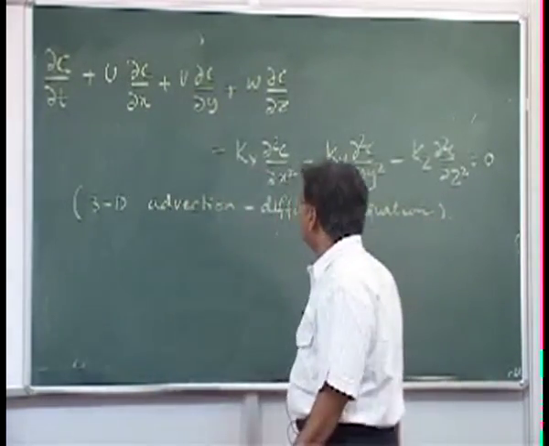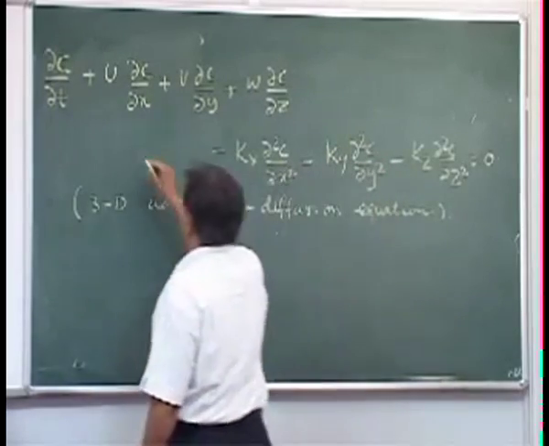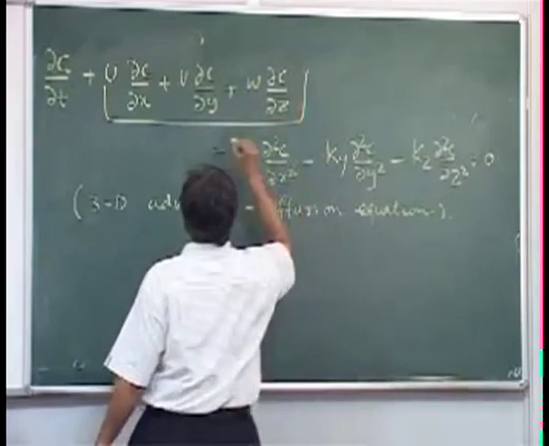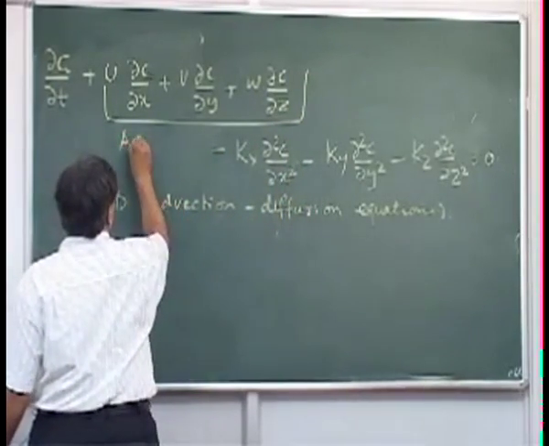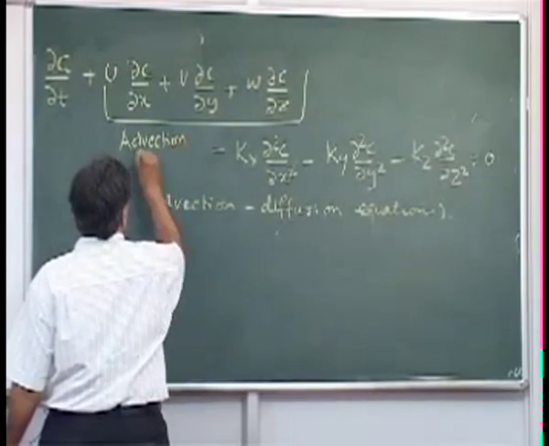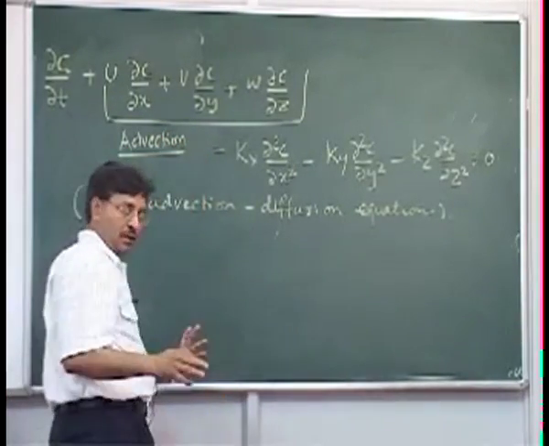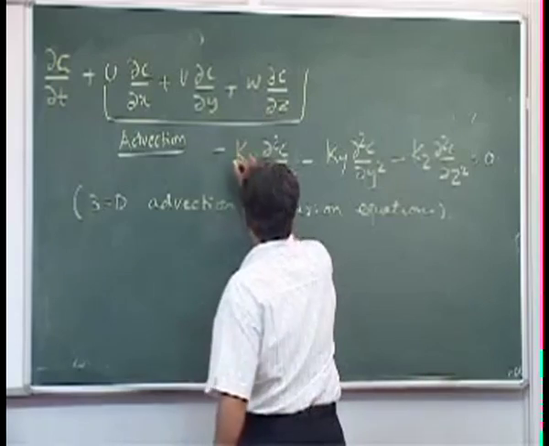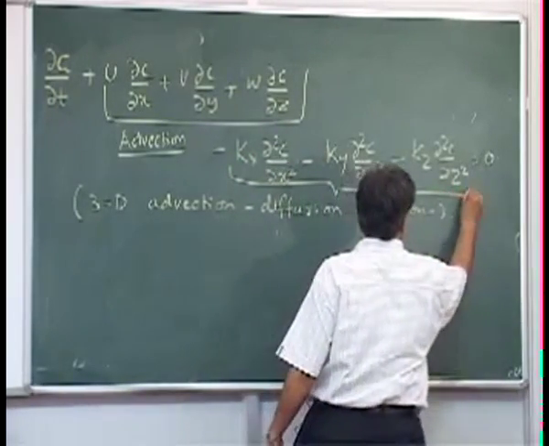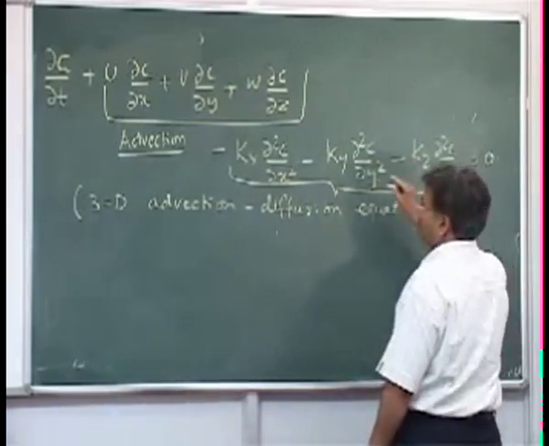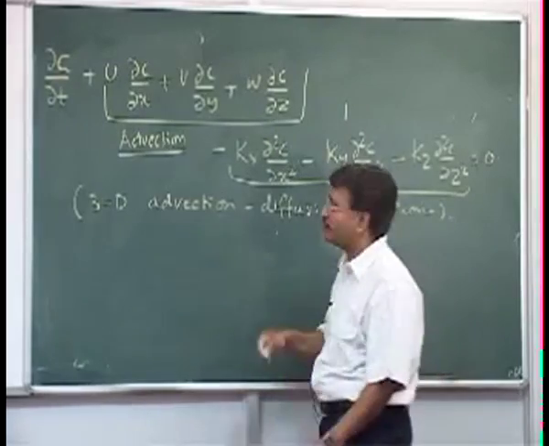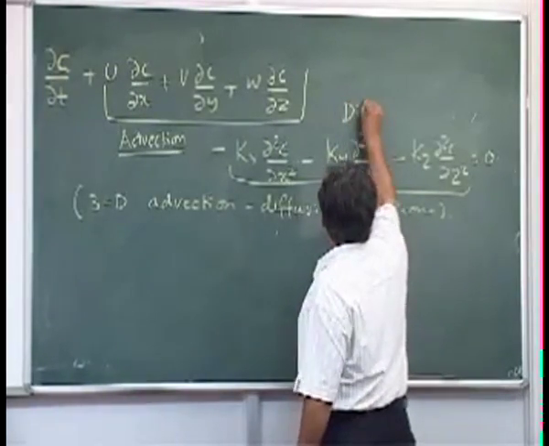And what you can do is, I can write that these terms together are my advection term, which is causing advection transport, and this term I can write as diffusion or turbulent diffusion.